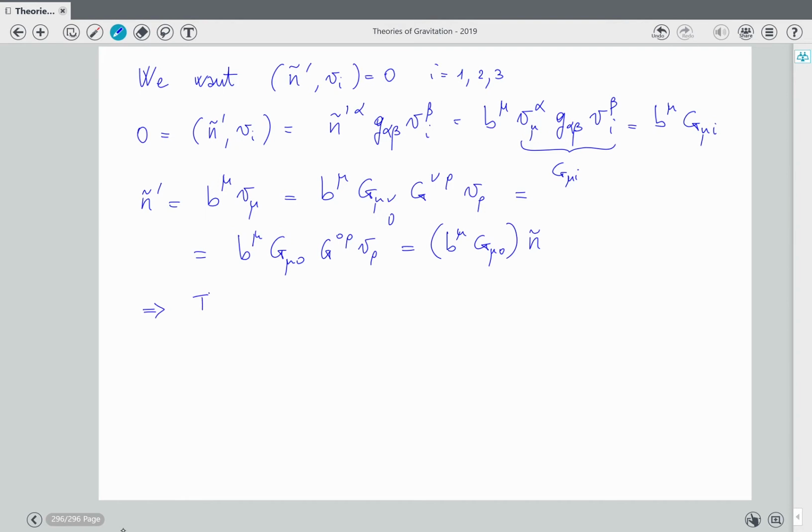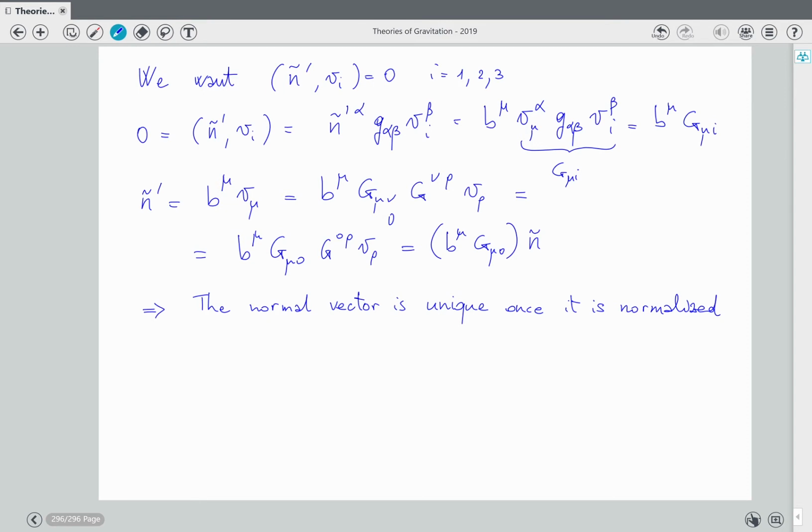The normal vector is unique once it is normalized.